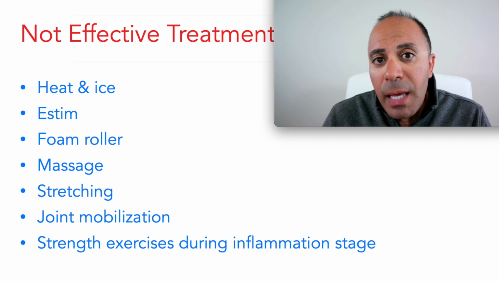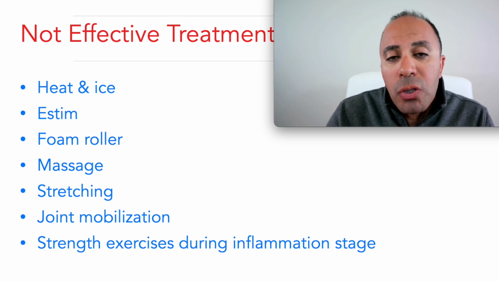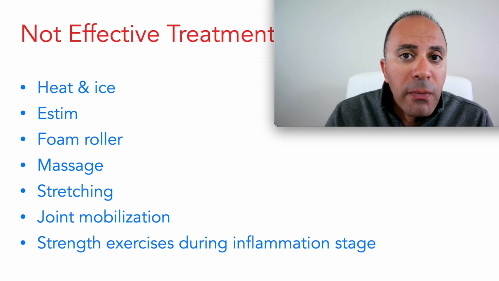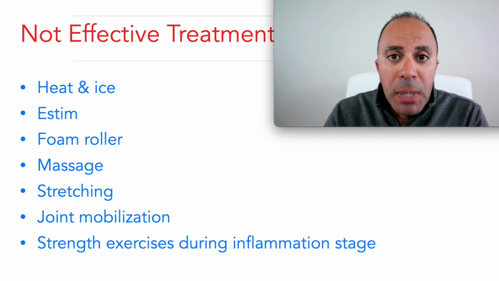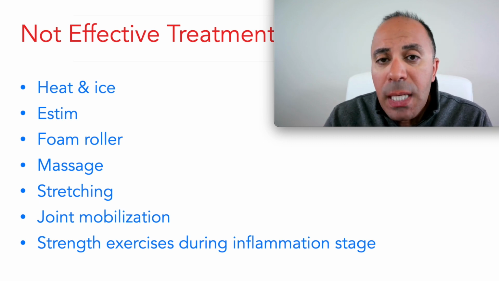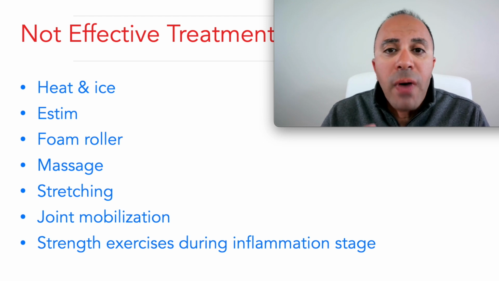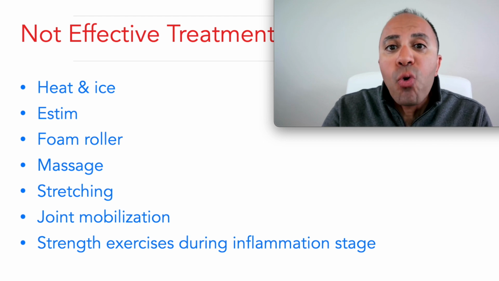The other thing is strengthening exercises. I don't like to do that initially, especially if you have inflammation, because that will inflame it more. We have to decrease the inflammation, break the scar tissue, and release the tightness. Instead of strength exercises, I do function training and gait training, to walk properly and correct the arch.